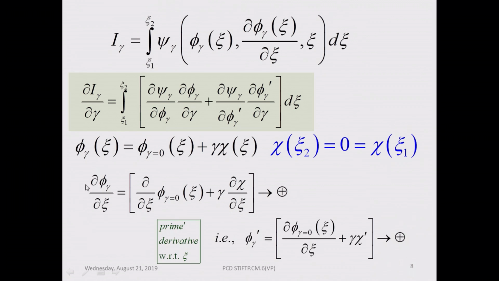So, I will represent del phi by del xi as phi prime. So, prime denotes a derivative with respect to xi. There are two kinds of derivatives I am working with. One is the derivative with respect to xi, which is represented by this prime, and the other is the derivative with respect to gamma.